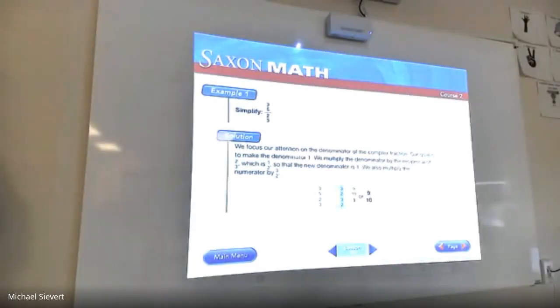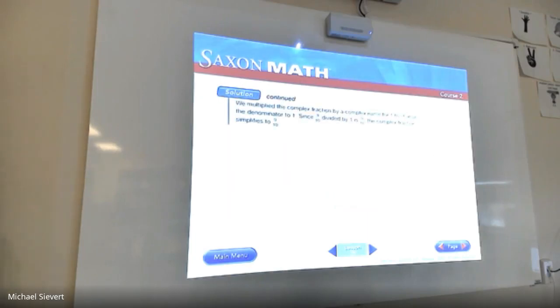That's a very complex way to say it because it looks tough, right? Because you've got all these numbers. You've got the fraction on top of a fraction.